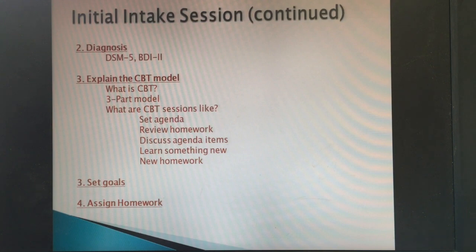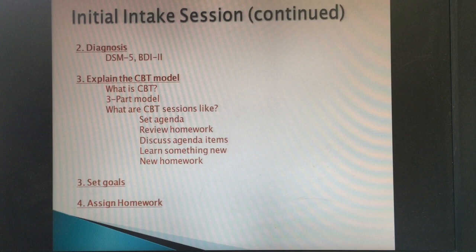Also, in the first session, you want to set goals, and that's a whole skill set in itself, is helping the patient set goals for therapy so that they are realistic, and it helps keep the therapy on track. The other aspect in the first session is the homework.